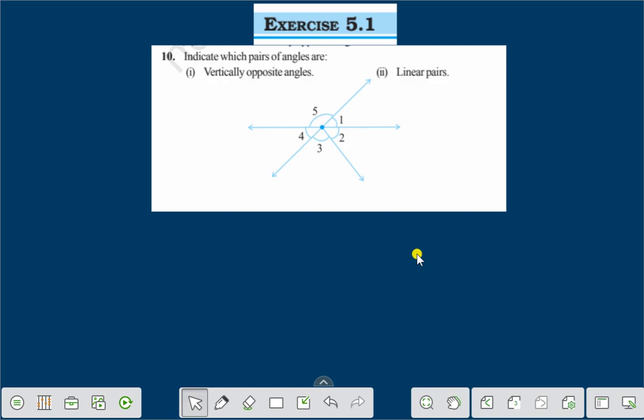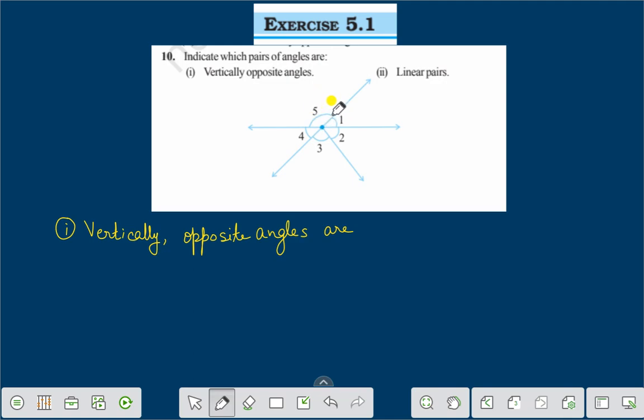So here we can find that number 1, vertically opposite angles are, here you see the vertically opposite angles.